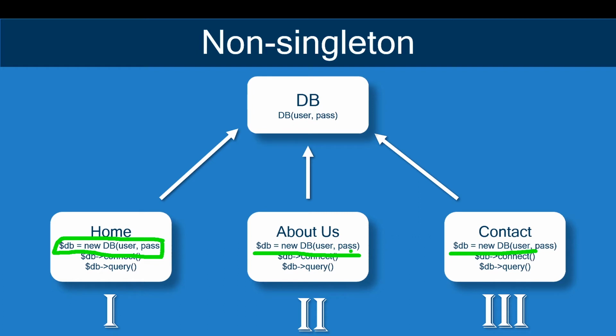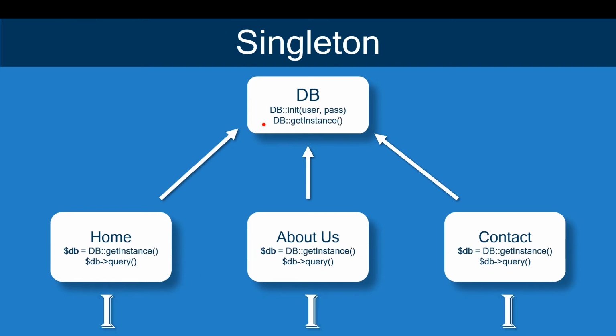Somebody might do it by accident or by not knowing the right way, and suddenly you have multiple connections, and that takes quite a lot of time to debug and to find out why some page is slow or why the database is struggling when you get a bit more traffic in your application. So the Singleton helps us here by making sure that we can only get one instance of our database object.